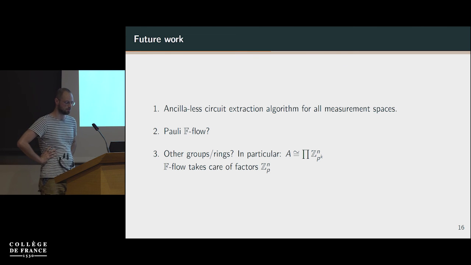But if we want to take care of the case of MBQC in Hilbert spaces over any finite abelian group, the fundamental theorem of finite abelian groups says that such a group decomposes in a form as written here, but the F-flow condition only takes care of the factors where the cyclic group is over a prime number and not a power of a prime, and it's not clear how to take care of the power of prime factors in this decomposition.